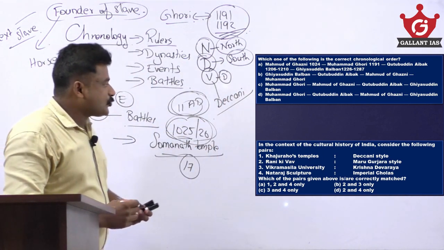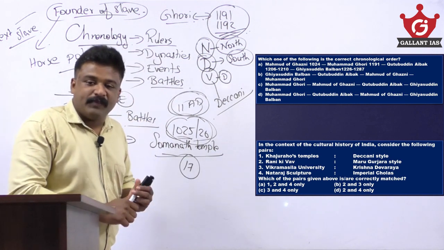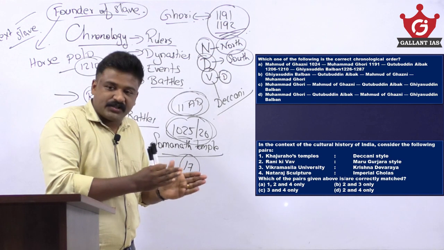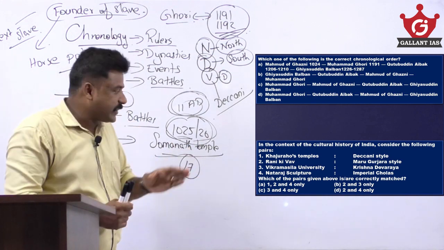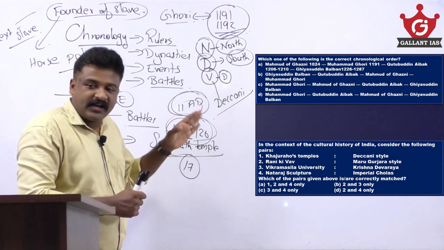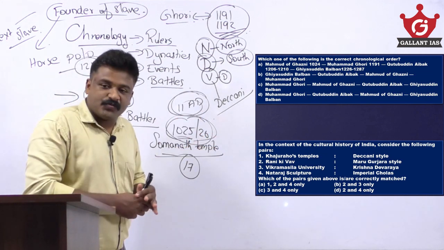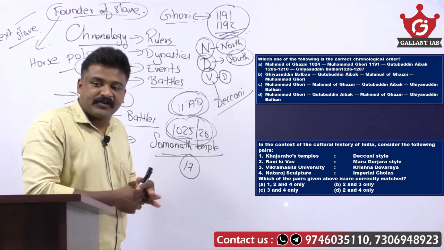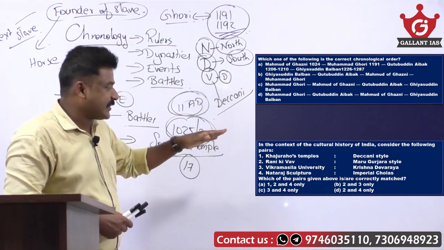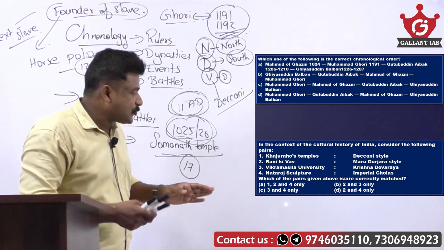Khajuraho temples were built by the Chandela rulers of the Bundelkhand region, which at present is divided between MP and UP, in the 11th century AD. So this is the North Indian style of temple architecture, and the first pair is wrong.